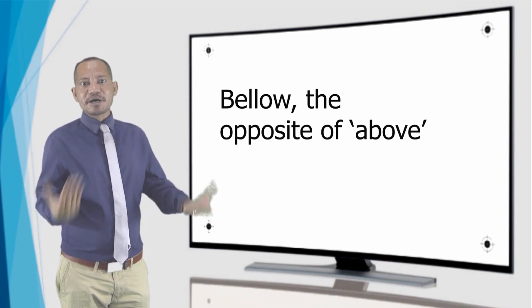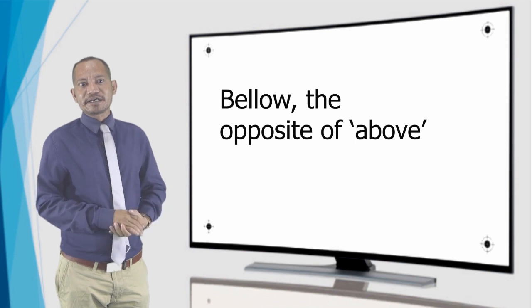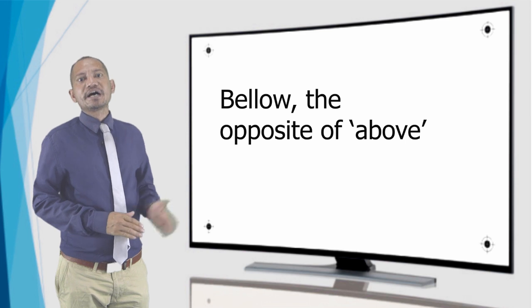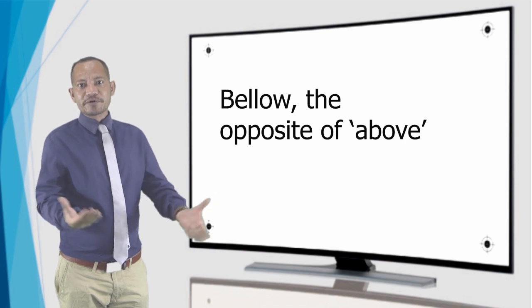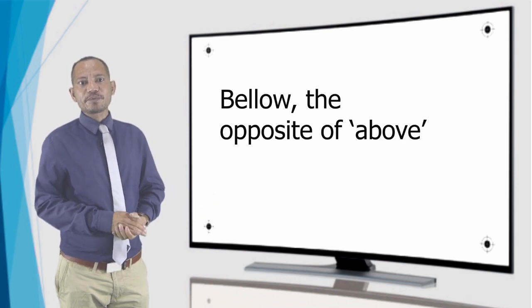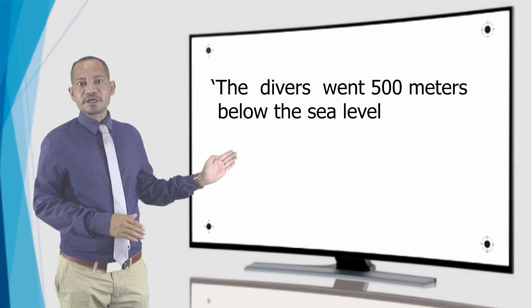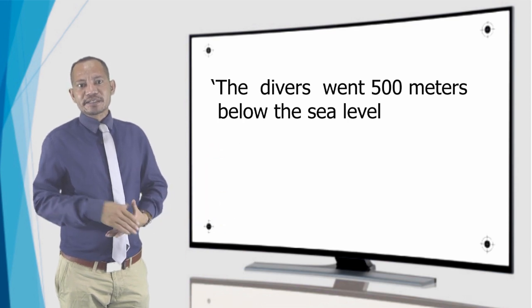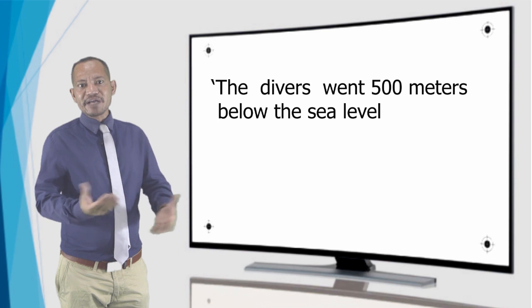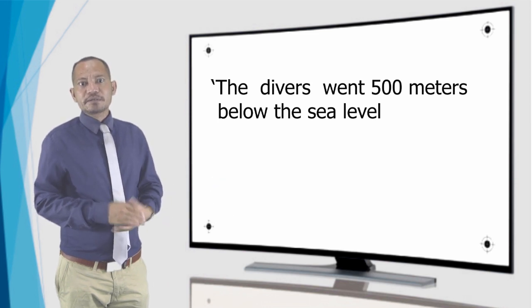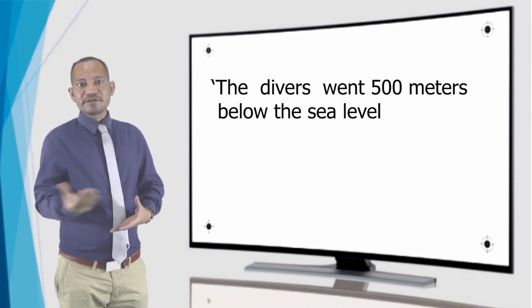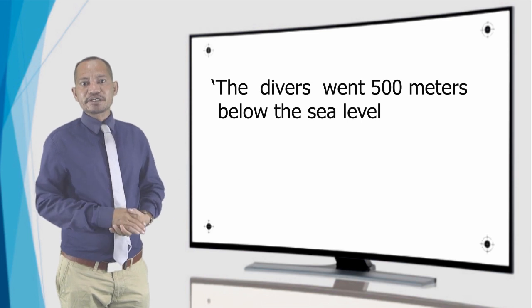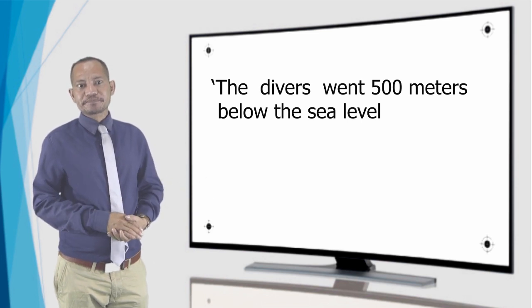It is a preposition of place and location used to describe a position that is at a lower level than a referenced surface. For example, we can say the divers went 500 meters below the sea level. This means that the location of the divers is 500 meters below the sea surface.